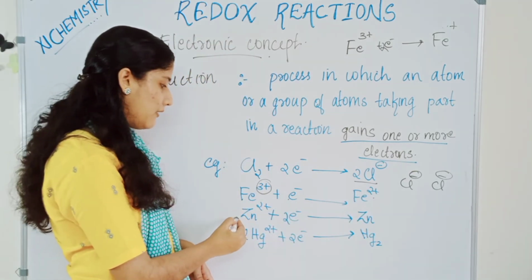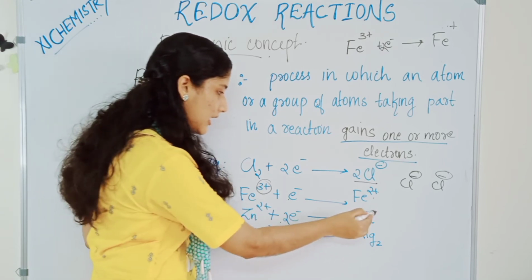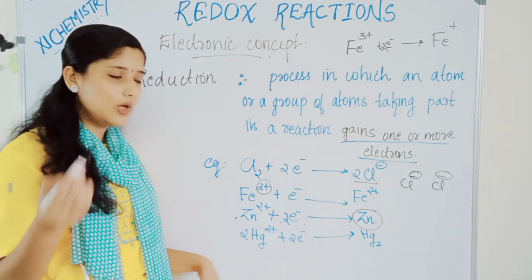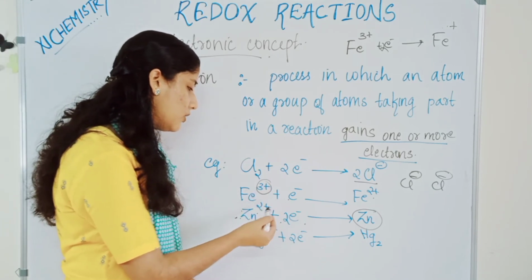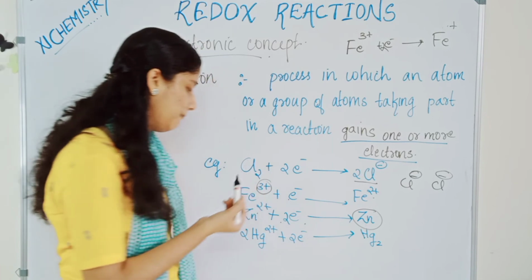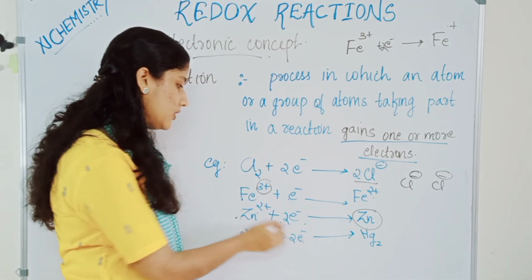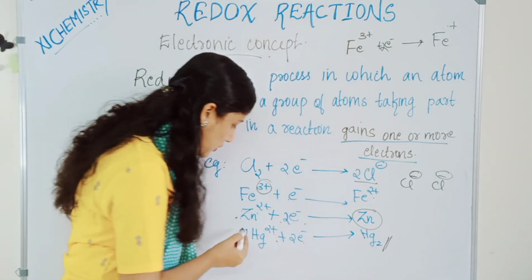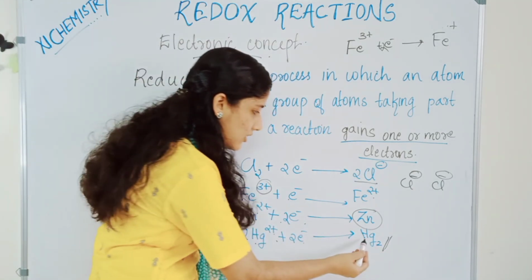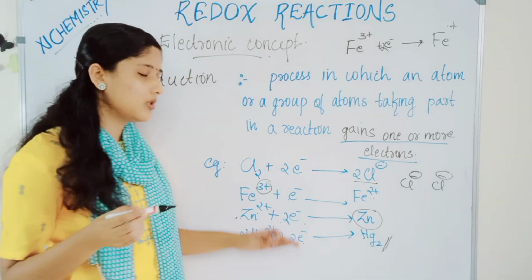Zn2+: adding 2 electrons, the zinc ion was 2 electrons deficient, so adding 2 electrons will change it into zinc. Hg2 2+ plus 2 electrons changes to 2Hg. So there also electrons are added.